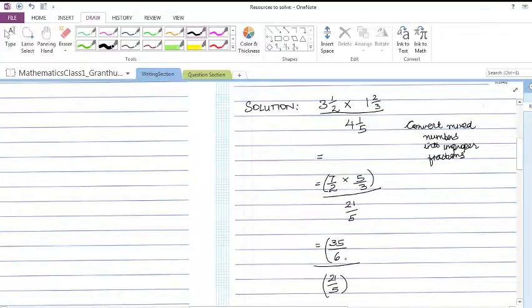Now, when you divide fractions, you invert the divisor. So this becomes now 35 over 6 multiplied by 5 over 21. Well, 3 into 21, 7 into 21 is 3, 7 into 35 is 5.